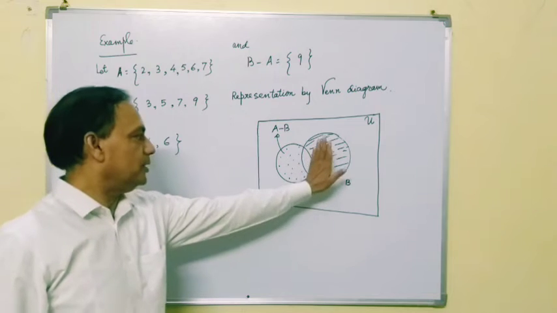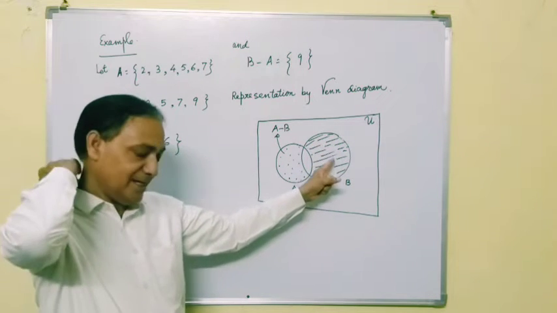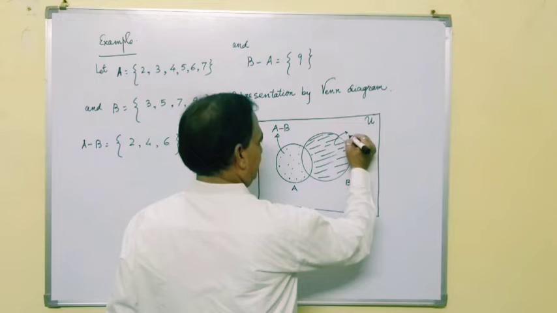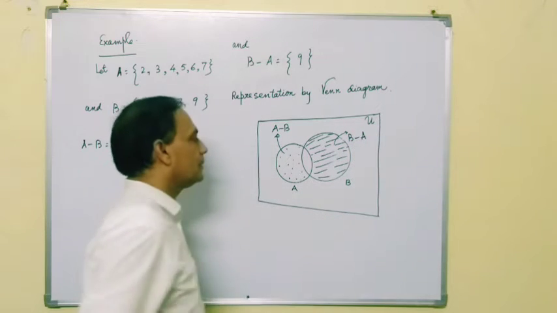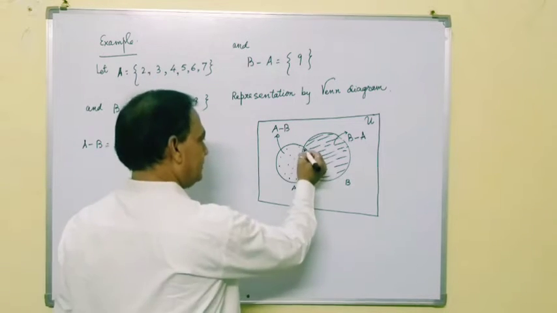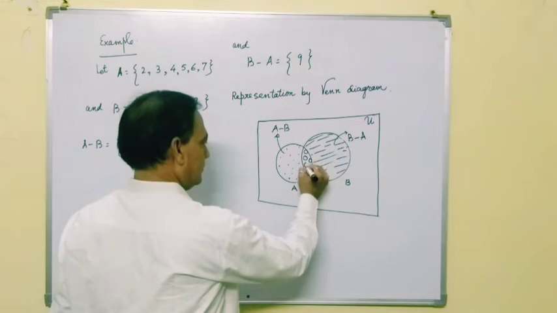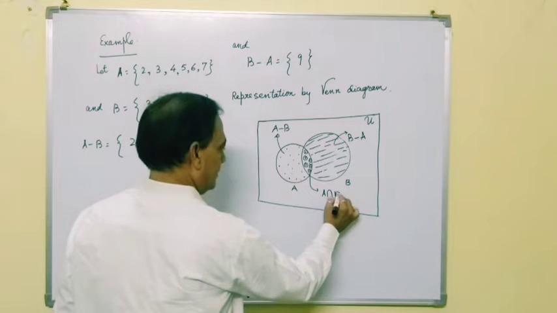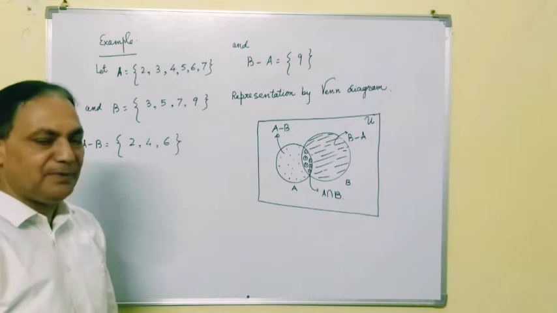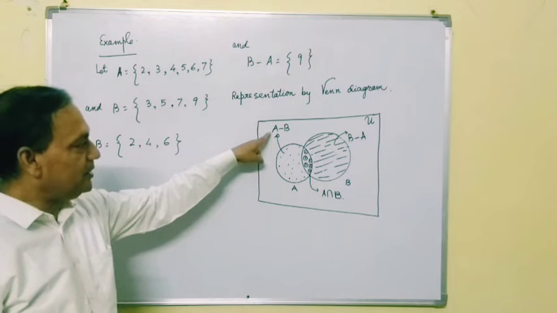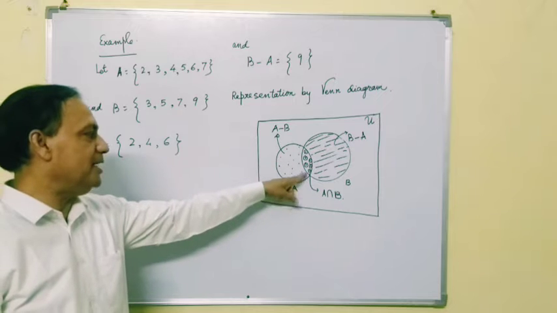ये तो these elements, ये शेडेड पार्ट आप देख रहे हैं B का शेडेड पार्ट क्या है? दिस इज B माइनस A. और ये क्या है? दिस इज कॉमन पार्ट ऑफ A एंड B. सो दिस विल बी A इंटरसेक्शन B. अब आप इसमें एक बात ऑब्जर्व कर रहे होंगे, A माइनस B में जो एलिमेंट हैं वो A इंटरसेक्शन B में नहीं है.